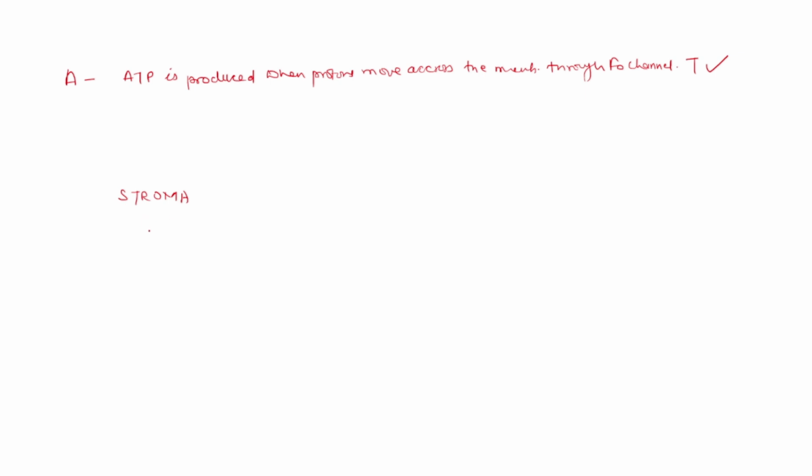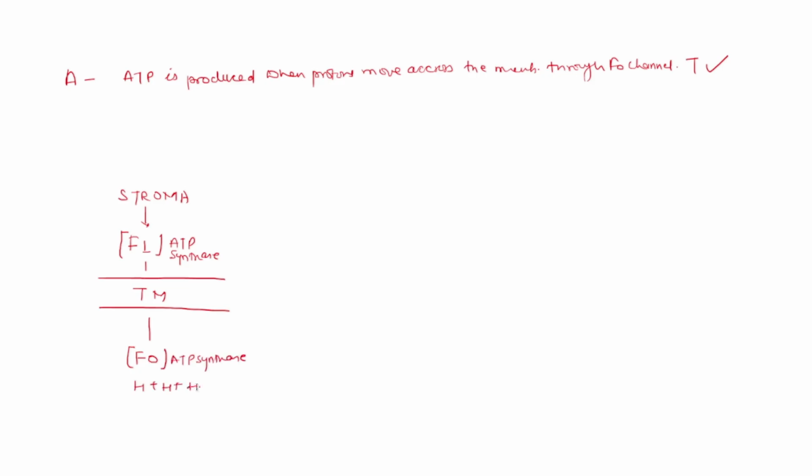This is stroma, and here is present the F1 head of ATP synthase, and this is the thylakoid membrane, and here is present the F0 channel of ATP synthase. Protons are accumulated here. According to the chemiosmotic hypothesis, protons move down their gradient through the F0 channel of ATP synthase, providing energy needed for ATP formation.